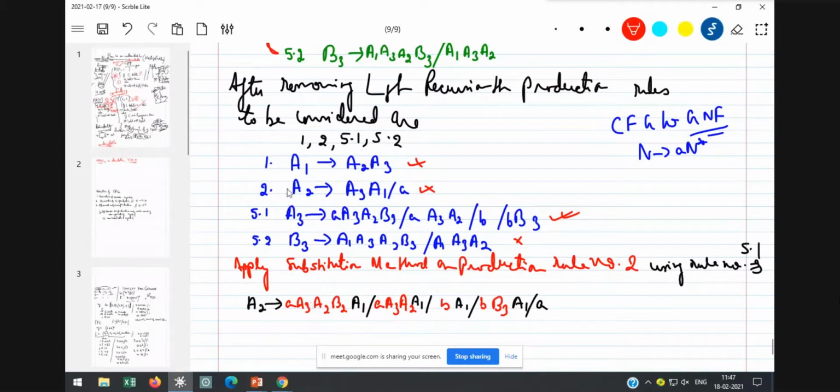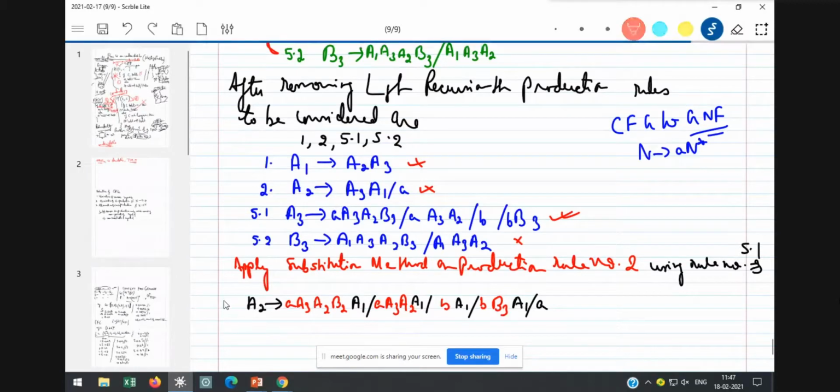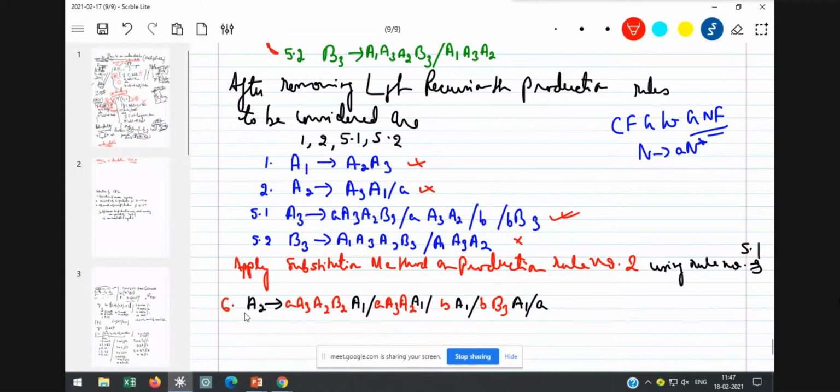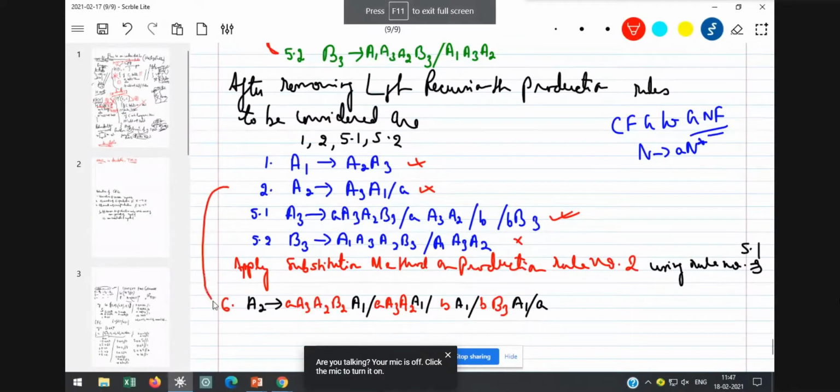Okay. Now in production rule number 2, using production rule number 5.1, I've substituted A2 by this. Now let me mark this one as 6. Now this rule 2 has been converted to GNF form. Okay.